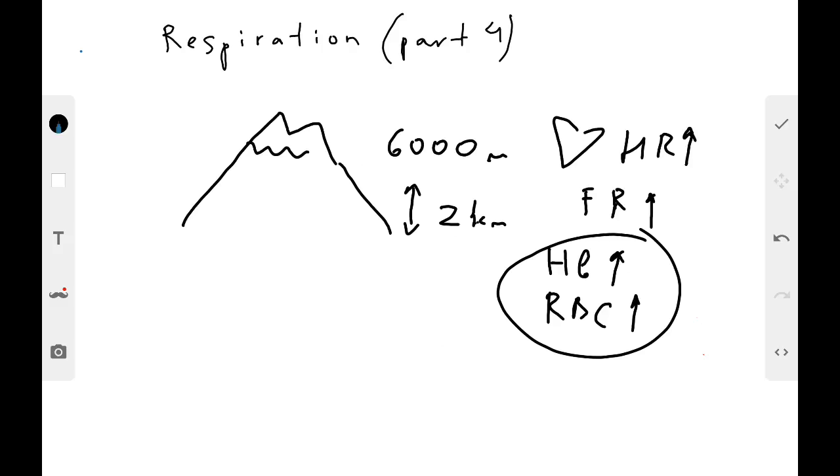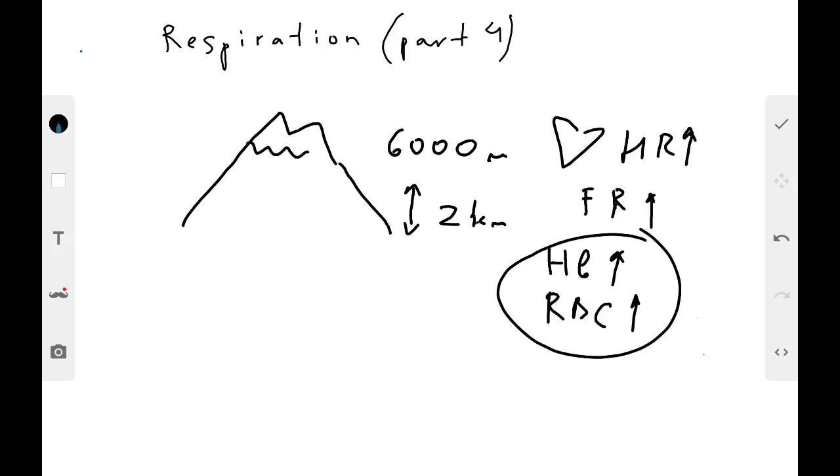If a person wants to go higher, to climb the Everest, he should take oxygen with him to additionally saturate the blood with oxygen during respiration.